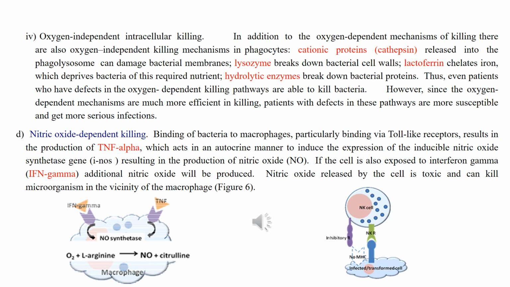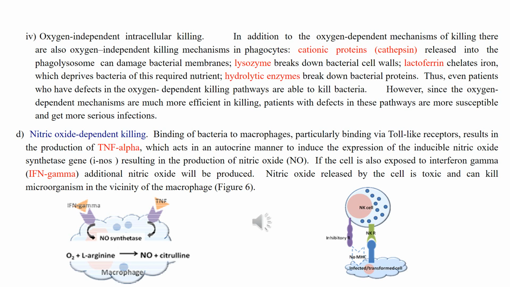Hydrolytic enzymes break down bacterial proteins. Thus, even patients who have a defect in the oxygen-dependent killing pathway are able to kill bacteria. However, since the oxygen-dependent mechanisms are much more effective in killing, patients with a defect in these pathways are more susceptible to more serious infections.